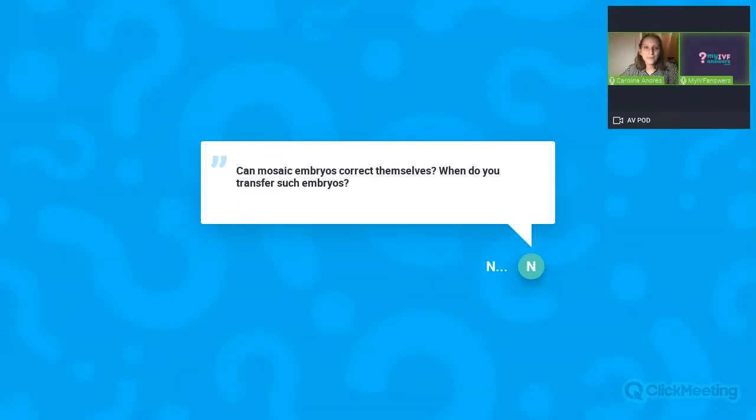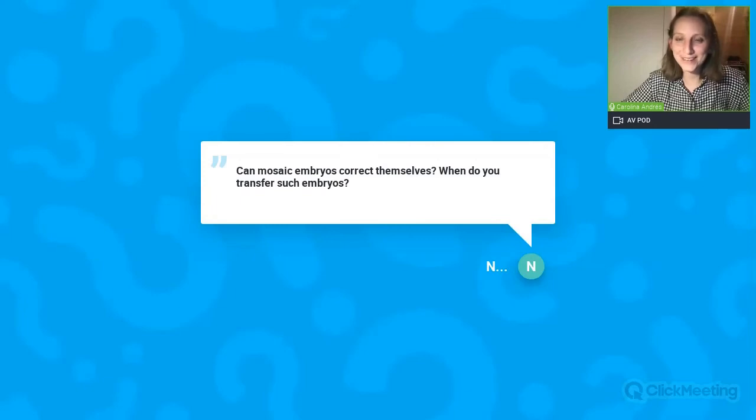Yes, so this is a very interesting question. Mosaicism is something that we are starting to see because of the advances in the PGT technology. Concerning the question of whether they can correct themselves, it is important to know that when we analyze the PGT, we do the analysis of cells from the trophectoderm.